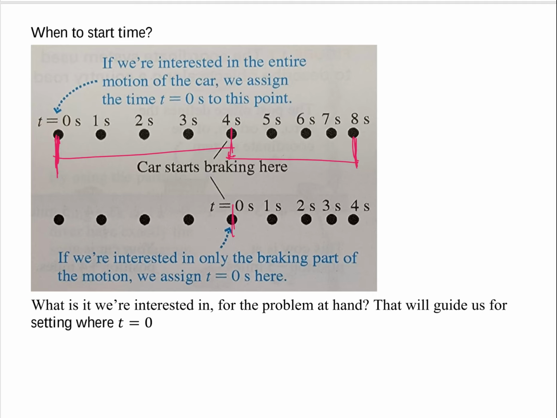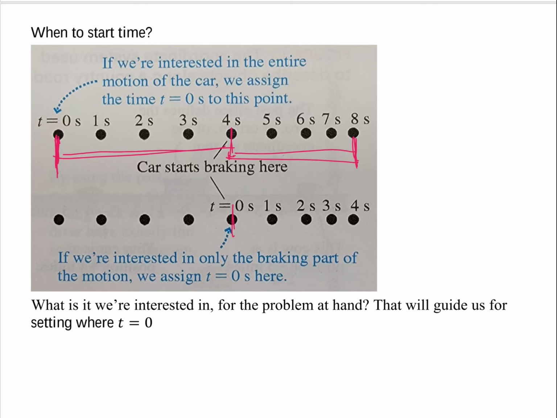Okay. All right. So what you need to do, and we'll talk about this more when we start solving problems, is ask yourself, what is it that I'm supposed to do here? What is going on? What is the problem at hand? If the problem at hand is just coasting time, great. If it's braking distance, great.